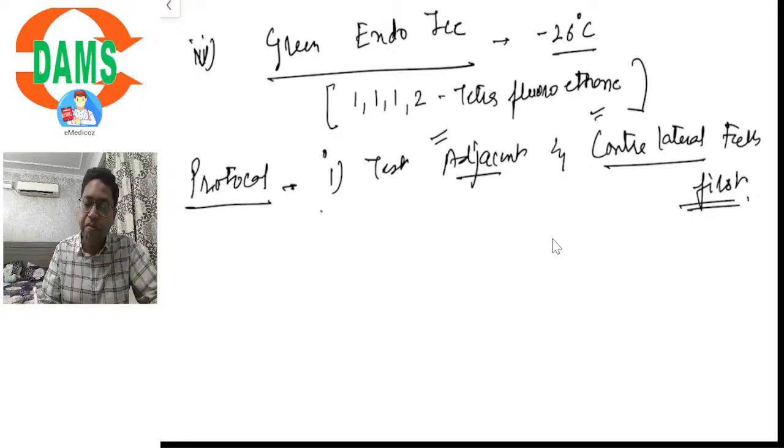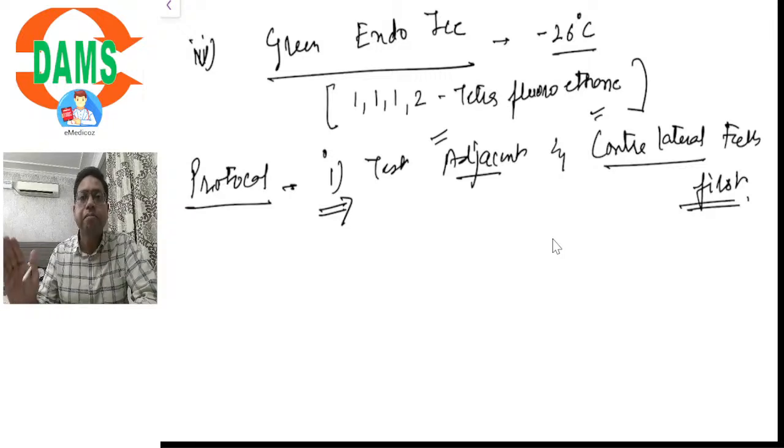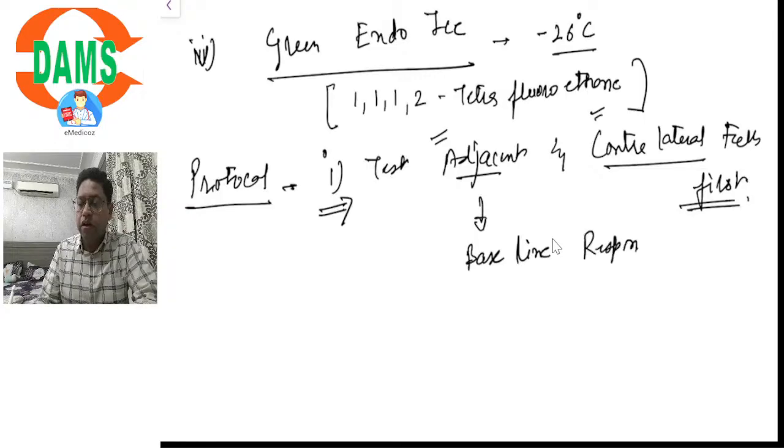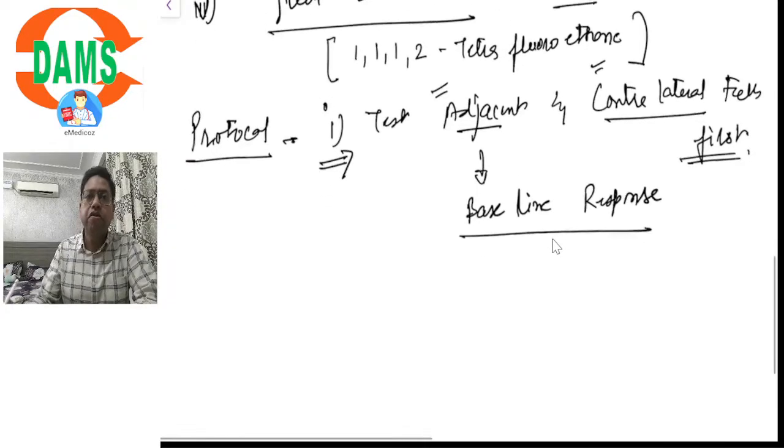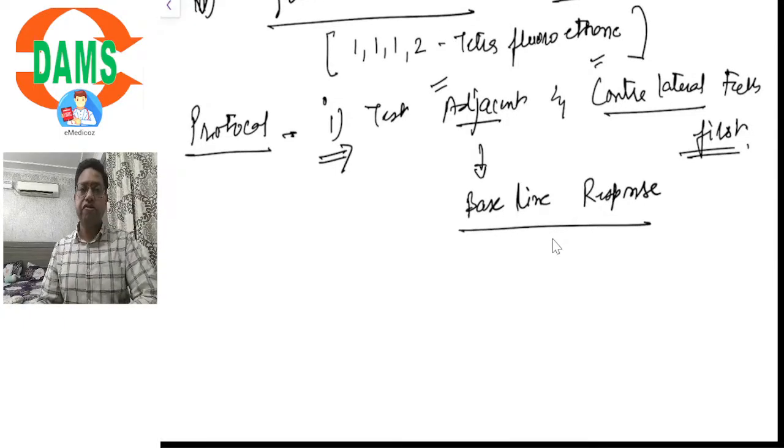So this is the basic principle of pulp testing with pulp sensibility methods. And it is applicable to all the three: heat test, cold test, and electric pulp testing. So what is the purpose? To establish baseline response, how a particular patient would respond to a particular testing agent.